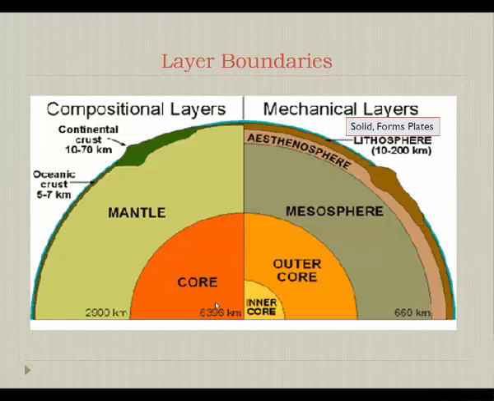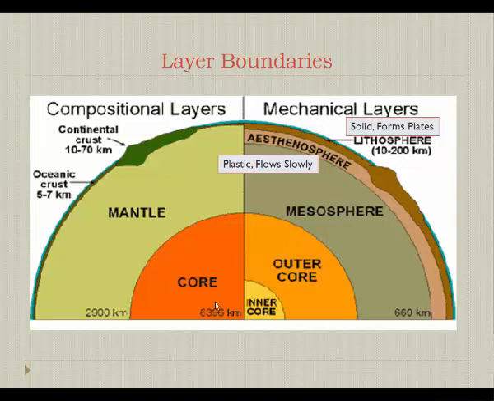So it's not a liquid sloshing around, but we refer to this as a plastic material. Not plastic like what your chairs are made of, but plastic as a descriptor for the fact that this material is a little bit flexible.